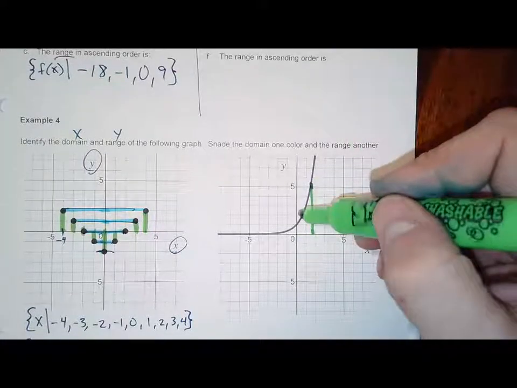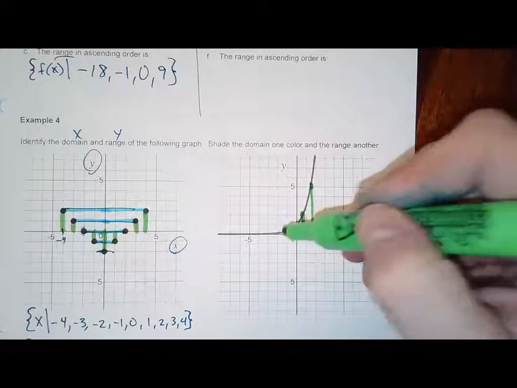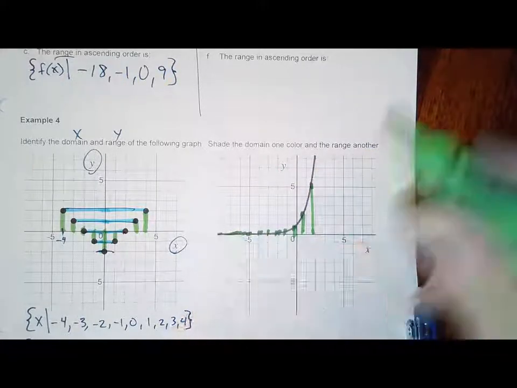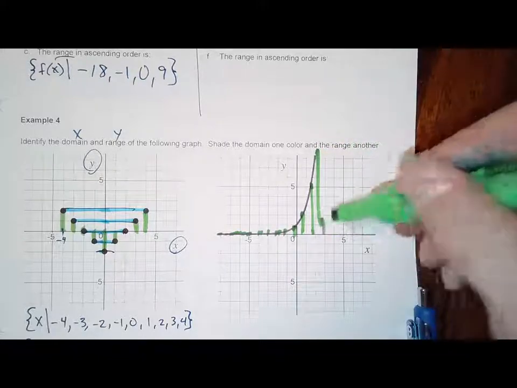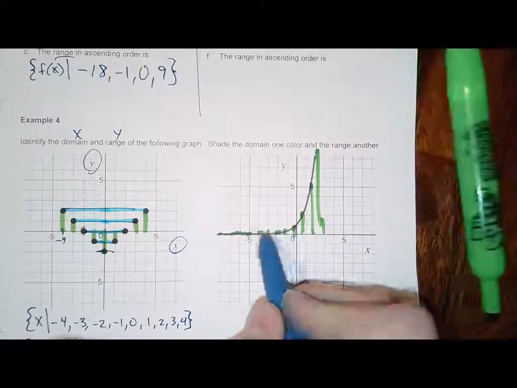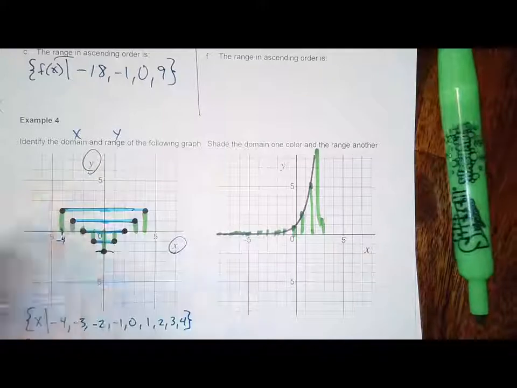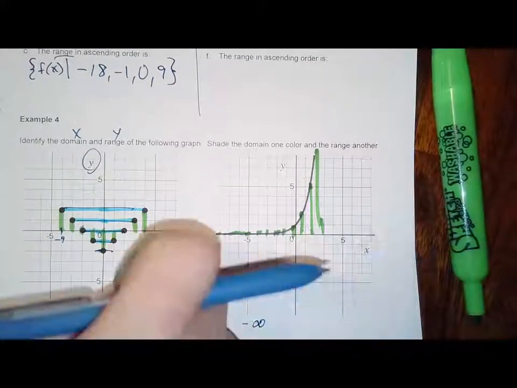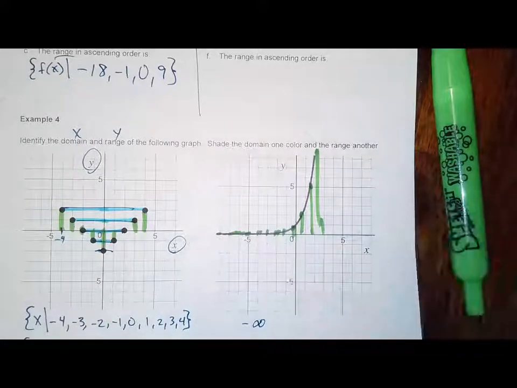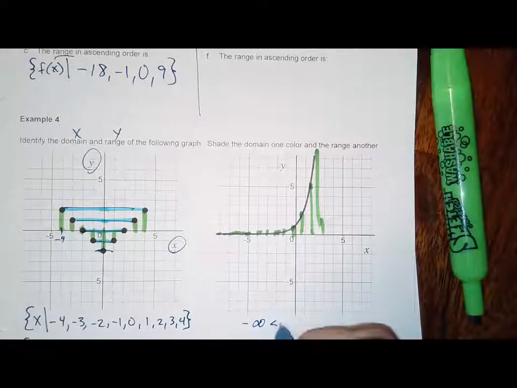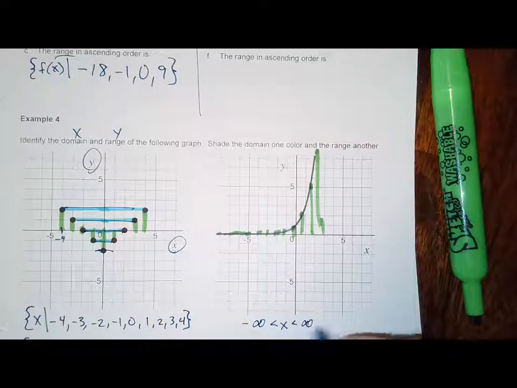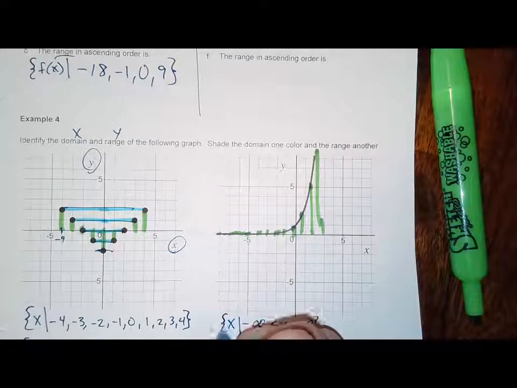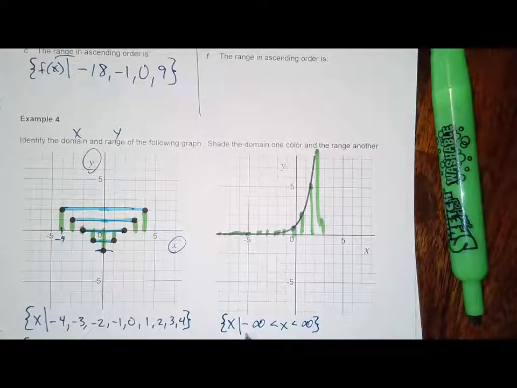And so by picking all these locations, I'm seeing that I could go in this direction to -infinity, and then I can go this way to the right forever to +infinity. I guess my domain would be the set of all x's between negative and positive infinity.